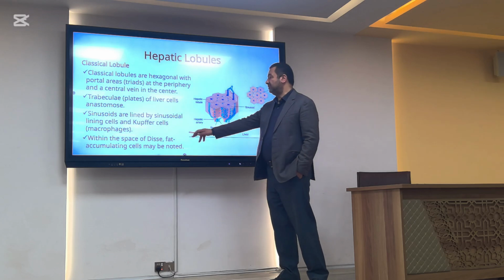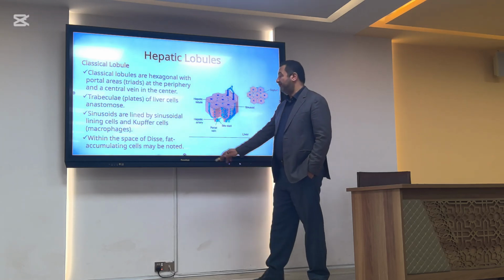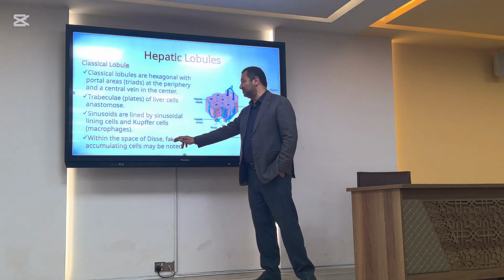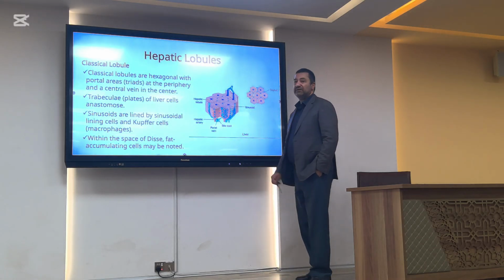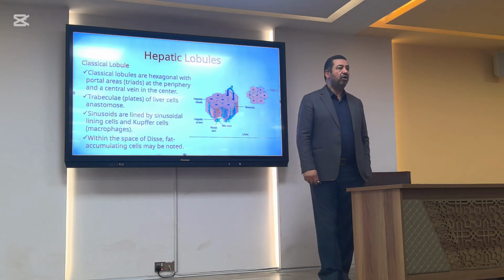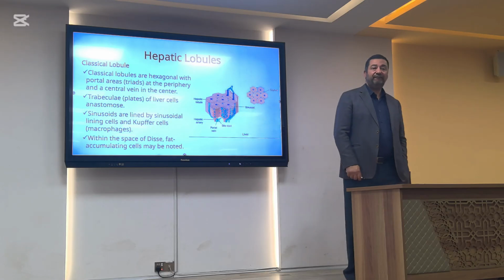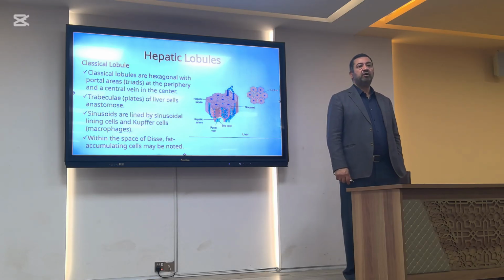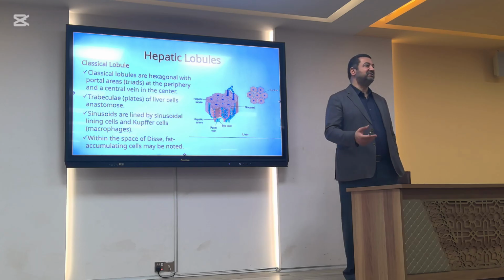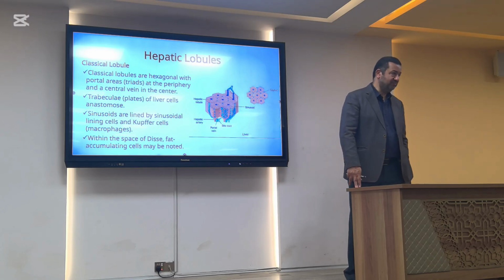Within the space of Disse, fat accumulating cells may be noted. In the space of Disse, there are fat storage cells that are called Ito cells or Stellate cells.